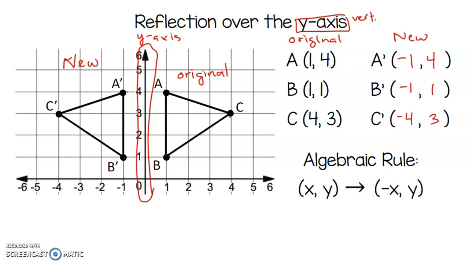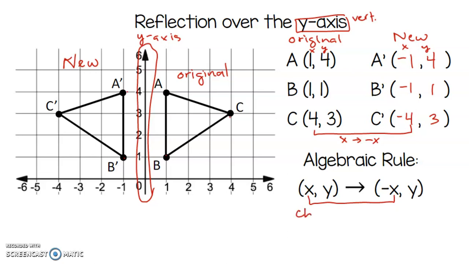So when you look at this, looking at our x and our y, we have the same numbers, except our x's became negative. And if you look at the rule for flipping over y, that's what you get.